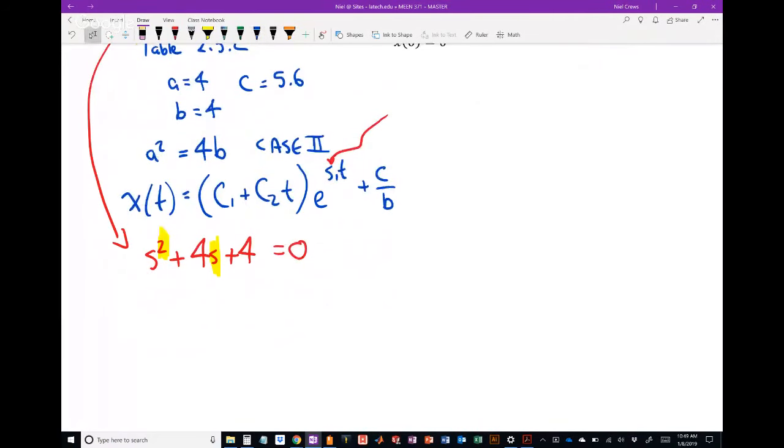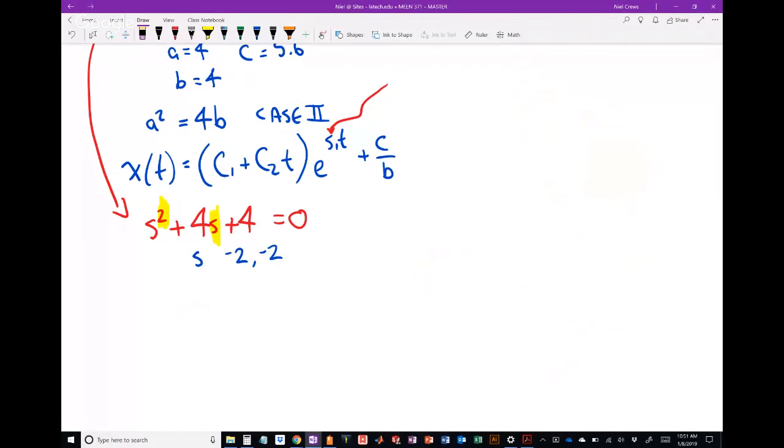And what this gives us, then we'll solve that. This is going to be s equals -2, right? And -2, so this is a double root. I did that simply by saying that this is the same as (s plus 2) squared equals 0, and just solving for s there.